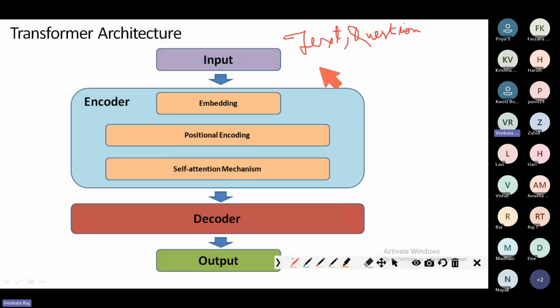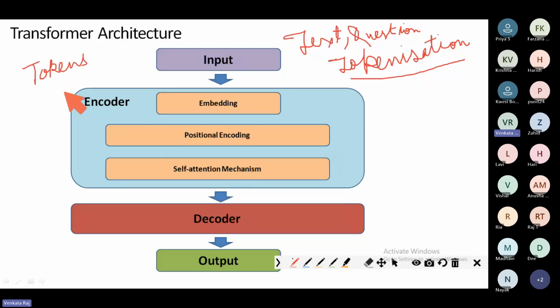The first step is tokenization. Yes or no? Whatever input we will give will be tokenized. Tokenized means tokens will be generated, right? Tokens will be generated.